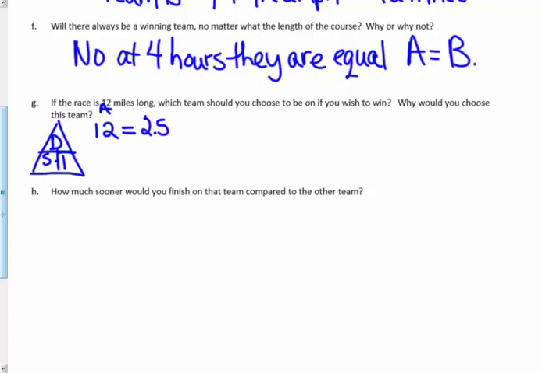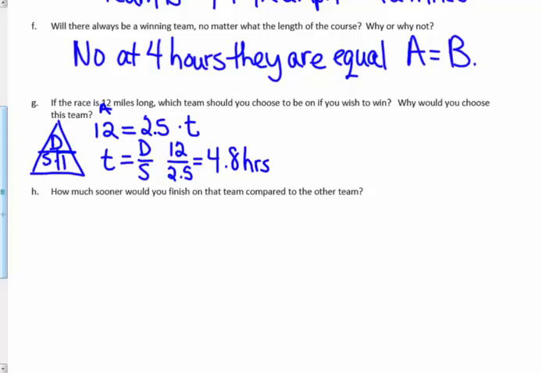What time is it? I don't know. So I'm trying to figure out time. I should have done it this way. Time is equal to distance divided by speed. So my distance is 12 divided by 2.5. Yes, I was going to divide anyway there. And you would get 4 8/10. If it's 12 miles, it would take you 4 and 8/10 hours if you were on Team A.